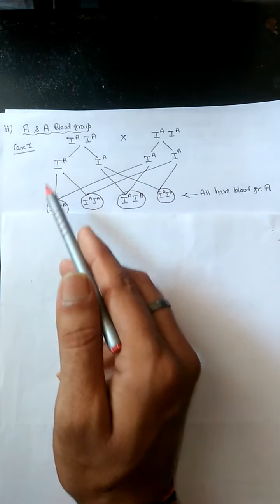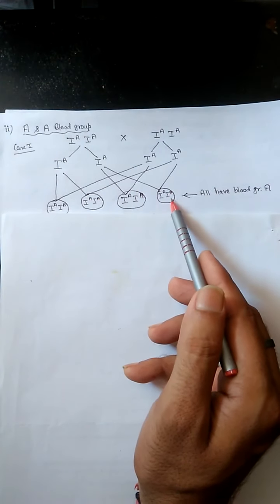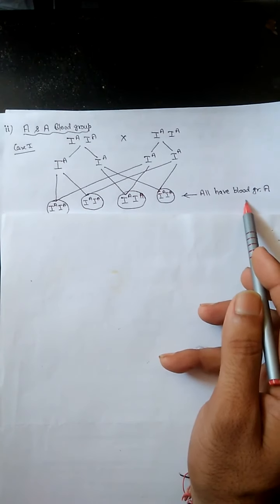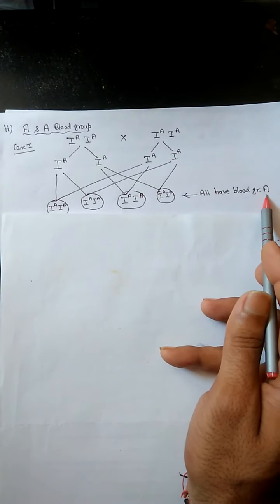In that case, we will obtain all offspring with A blood group.